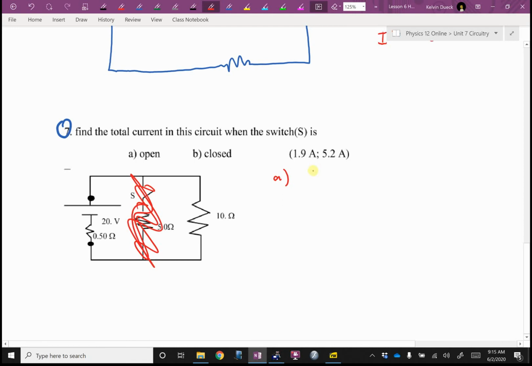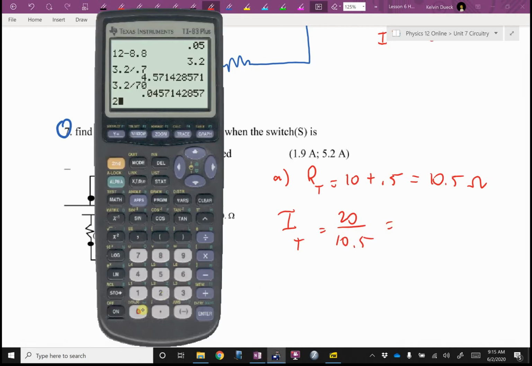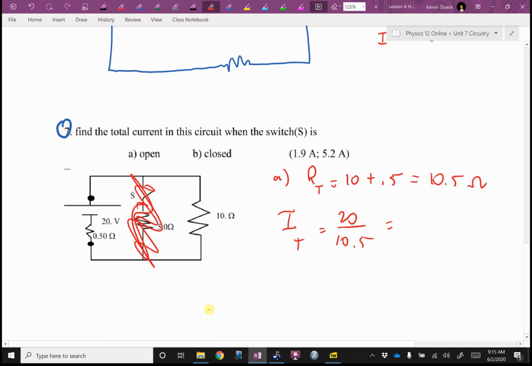That means that our total is 10 plus 0.5. The total resistance is 10.5 ohms. And so I total is going to be 20 divided by 10.5. And I get 1.9 amps.